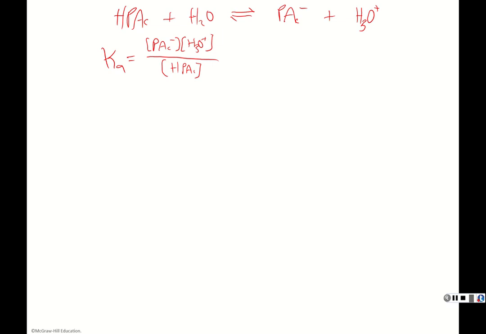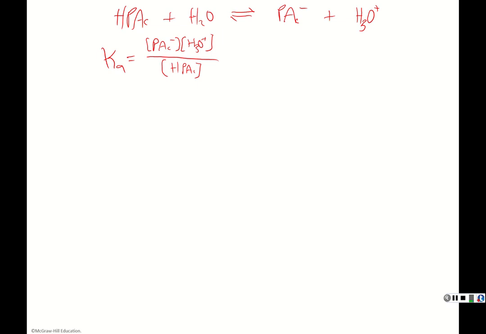And remember, the H2O is in such great excess that we can consider that its concentration is not changing, so we don't have to take it into account for the equilibrium or acid constant.